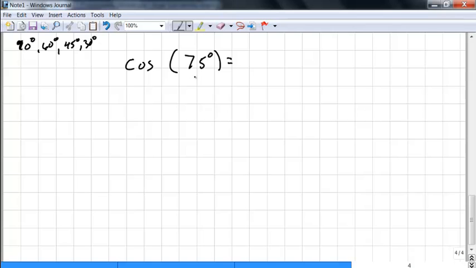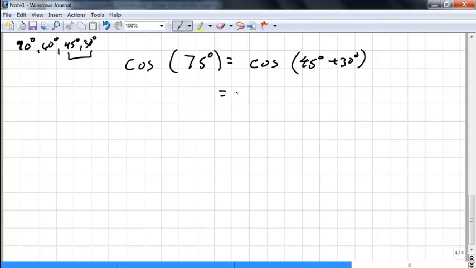Can we make this out of these somehow? Well, look here. If we add those two together, doesn't that work out to be 75? So we could write this as cosine of 45 degrees plus 30 degrees.